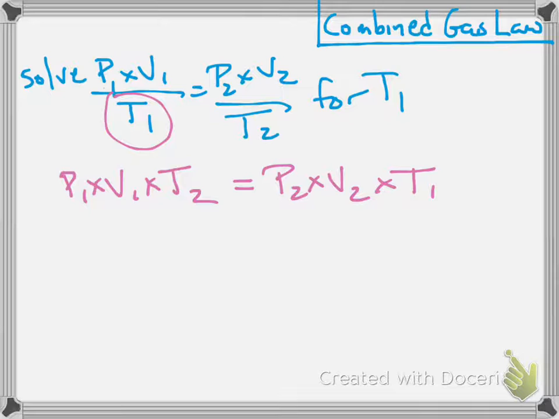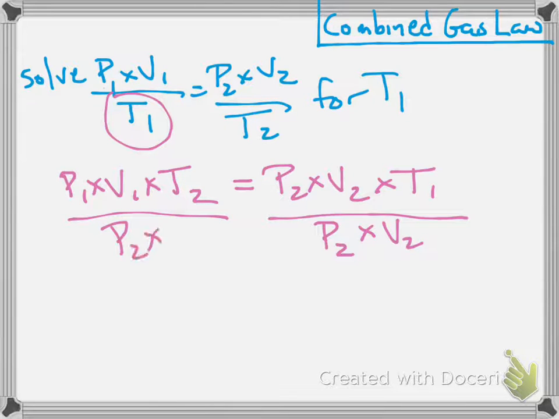And again, because we've cross-multiplied, the way we've arranged the equation now, we're multiplying all of those variables together. So in order to get them to the other side, we have to divide both sides by both P2 and V2. So we're going to go ahead and, again, divide both sides by P2 times V2.